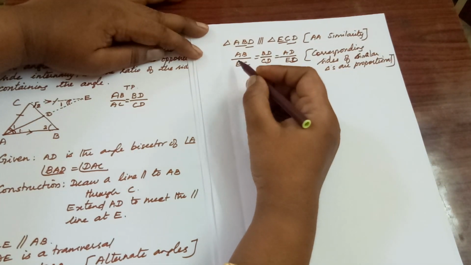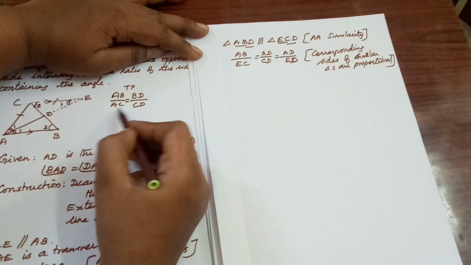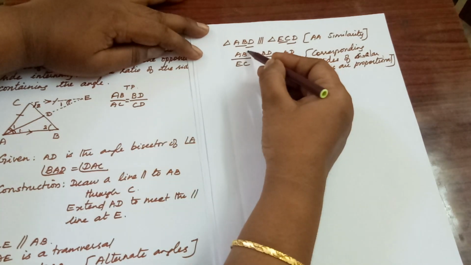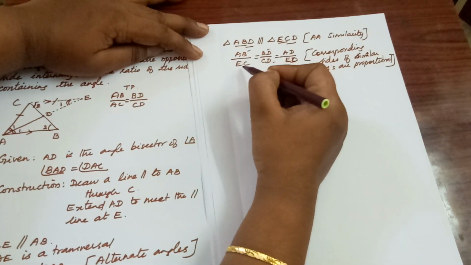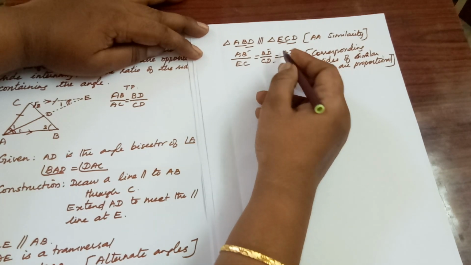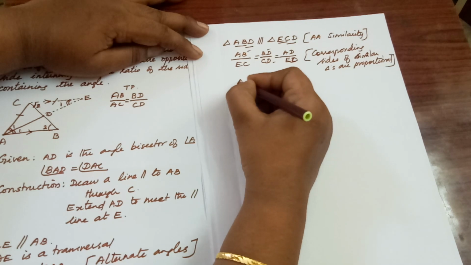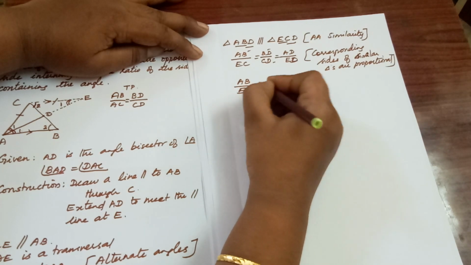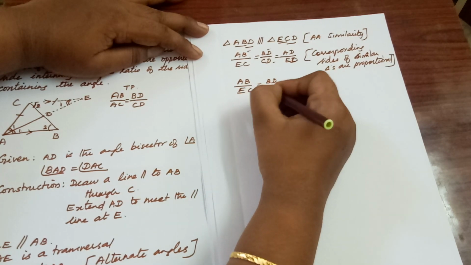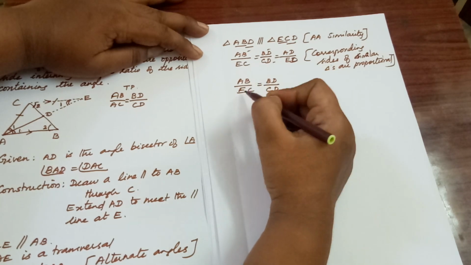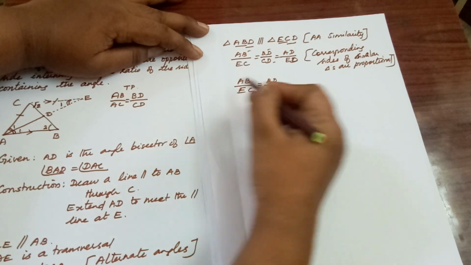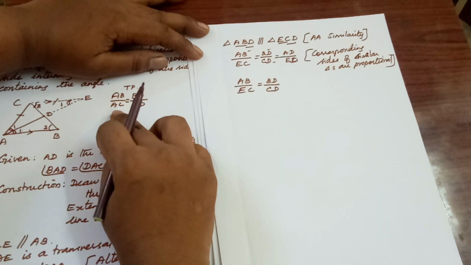To prove this theorem, we need only these two. That is, we need AB, BD, CD. But we have to take these two, so no need to take this. So AB by EC is equal to BD by CD. So we are almost done. See, EC is different from what we need.